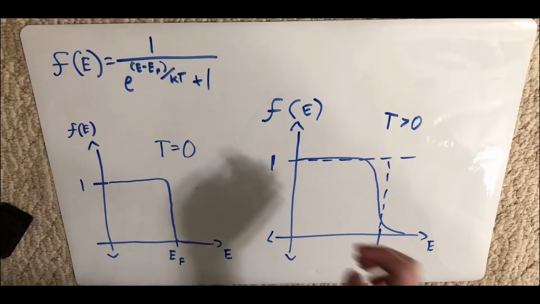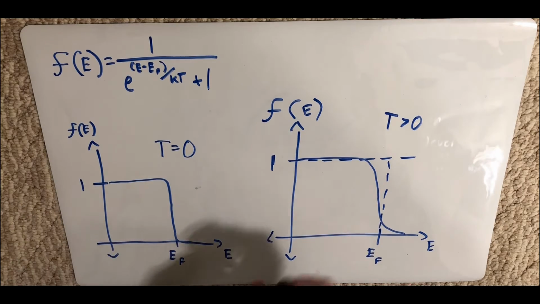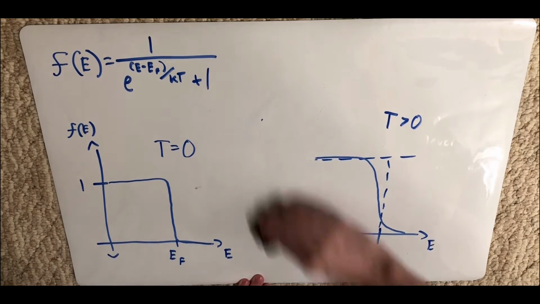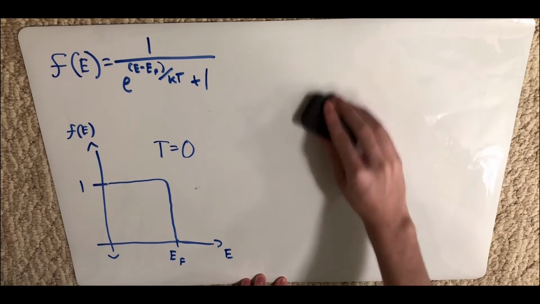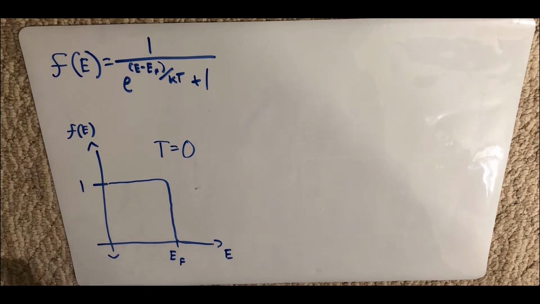At T equals 0, when we graph the function, we can see that below the Fermi energy, there is a 100% chance that you will find an electron.